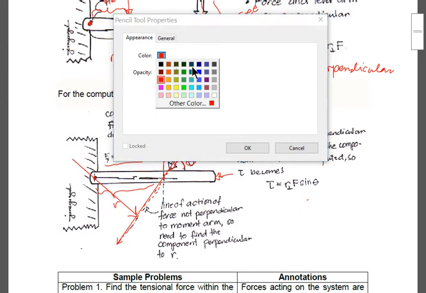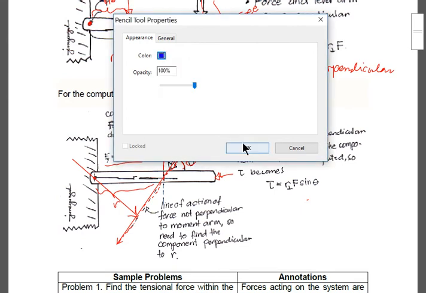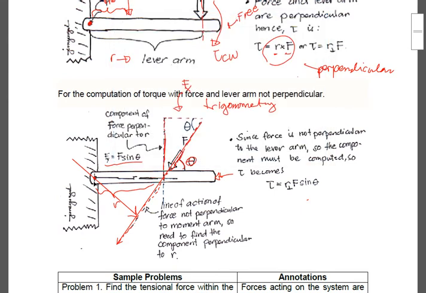Let me use another color. Say I'm going to use blue. So this can be our new R here. The presentation isn't working, or the PDF is not working fine.